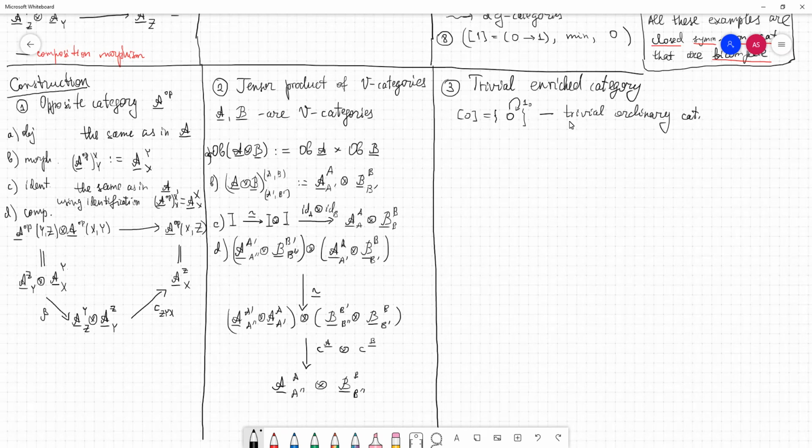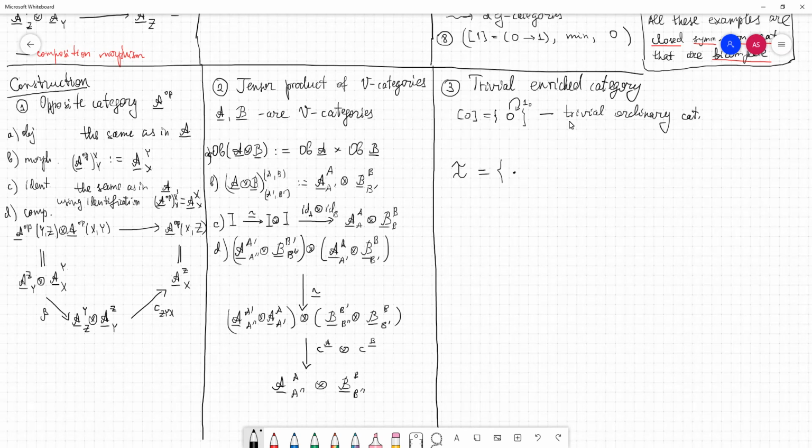Now, what I will do is take the letter I and make it curly. This is magic. This will be a category that consists of a single object.